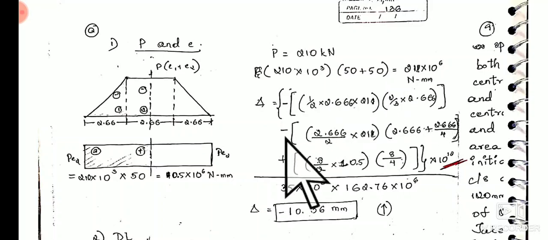Next we have to take up the second geometrical figure, minus area of this rectangle, 2.66 by 2 into height into x bar, means from support to the centroid of the second figure, it is 2.6 plus 2.6 by 4.